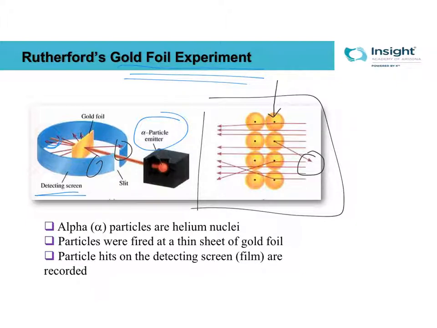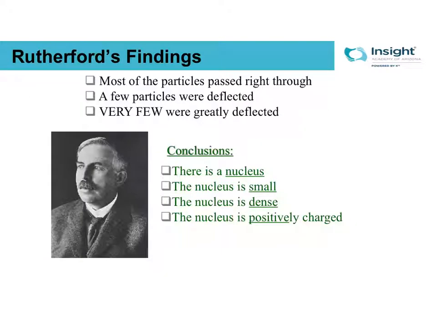So Rutherford, his gold foil experiment, he discovered the nucleus. He discovered that, one, there is something in the center of the atom, because we did get them deflecting, but it's small, it's really dense, and most of the atom is empty space.